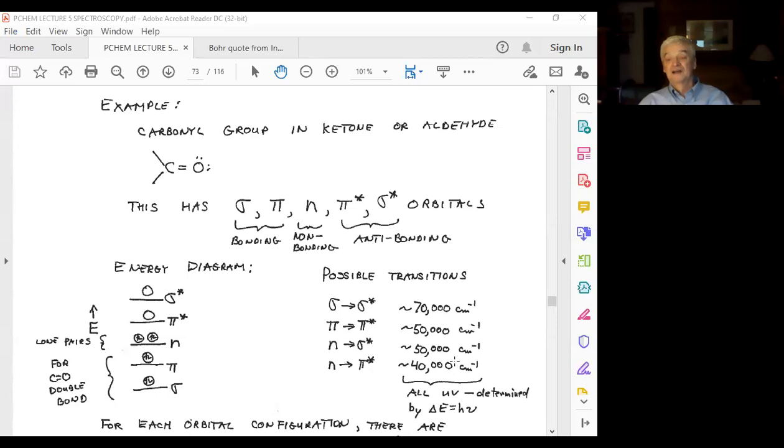We're now about 10 times higher in energy for these electronic transitions. We're going to see that there are certain selection rules for saying which of these transitions we expect to be more likely, but in principle, all of these can be looked at. And in all of these cases, we're going to have, again, our delta E is equal to h nu.